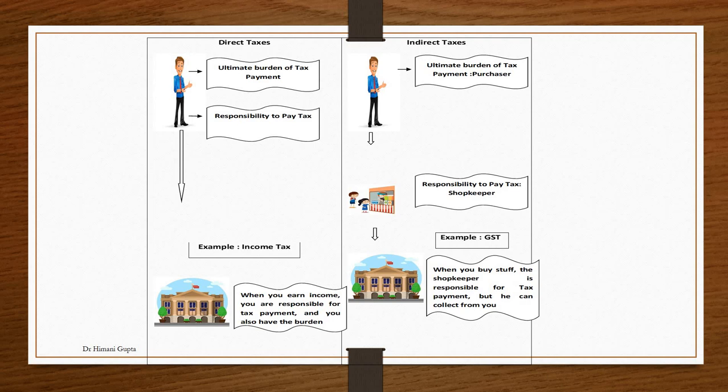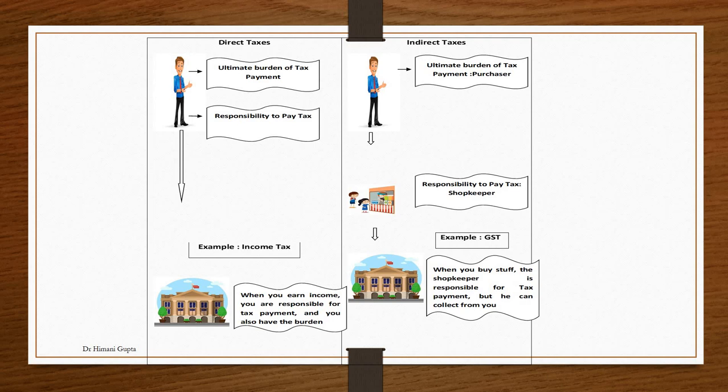Suppose you are a salaried person and you are getting the salary. Over here it's your responsibility to pay tax to the government. So you will directly deposit the tax on the amount which you are earning to the government. It means that the burden of the tax is on you, and the responsibility to pay tax is also on you.